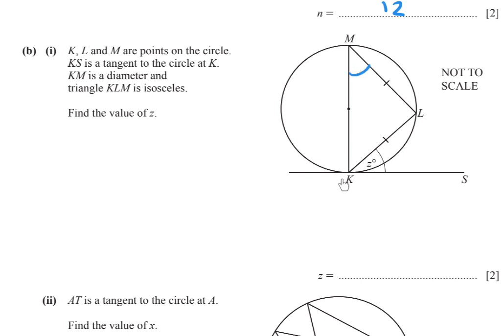Because MK is a diameter, this angle is 90. And angle M equals angle K because this is an isosceles triangle. So we can find angle M equals 180 minus 90 divided by 2 equals 45. So this angle is 45. So now you can deduce that Z equals 45.